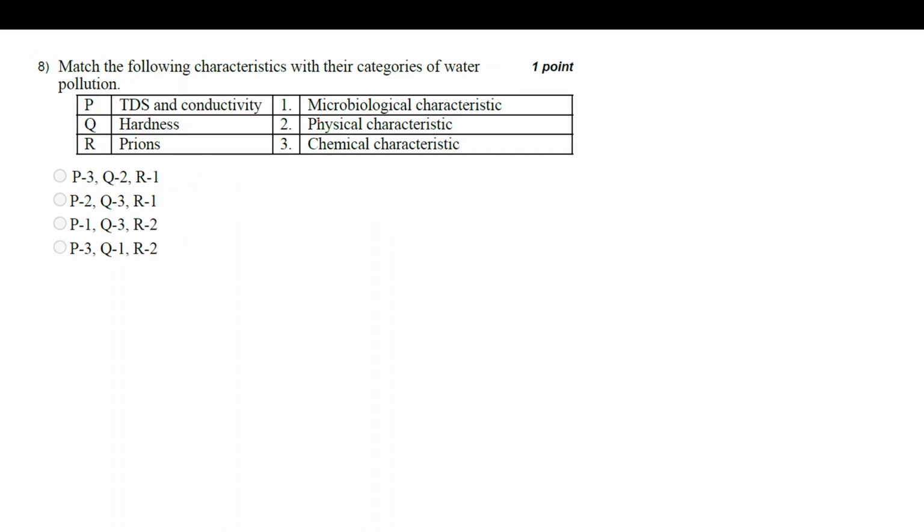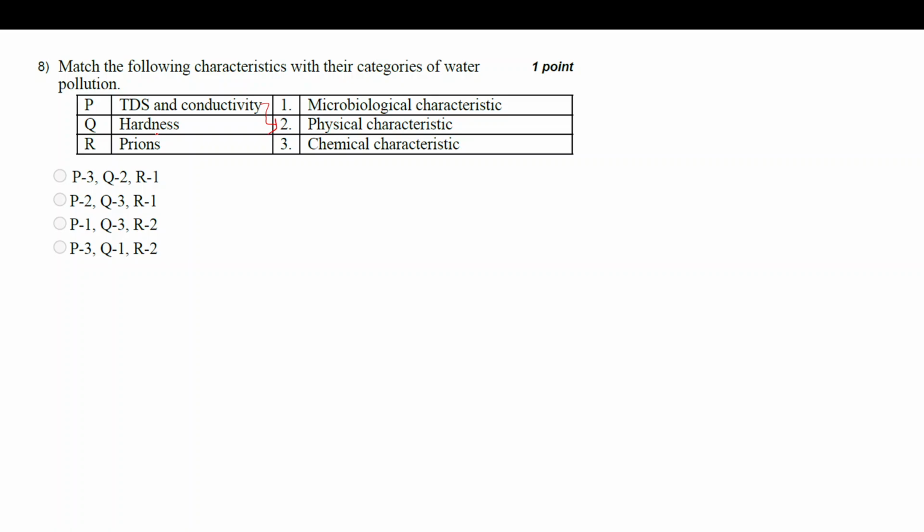Now next is match the following. Here you have TDS, which is the dissolved solids. That adds up to physical characteristics, so for P it is 2. Then we have hardness. Hardness is obviously due to the presence of calcium and magnesium salts in the form of carbonates, chlorides, and sulfates.